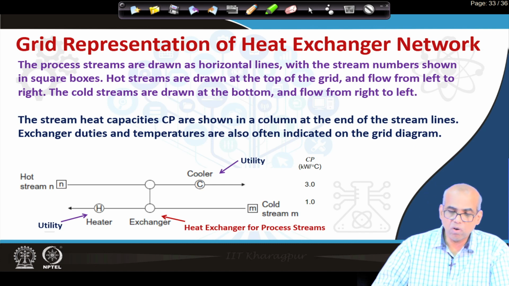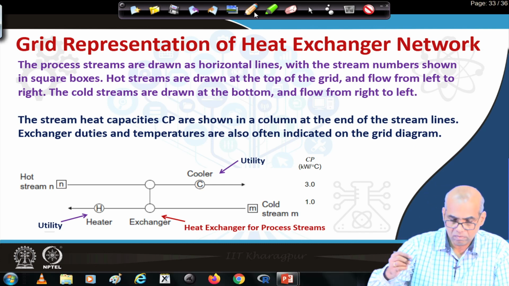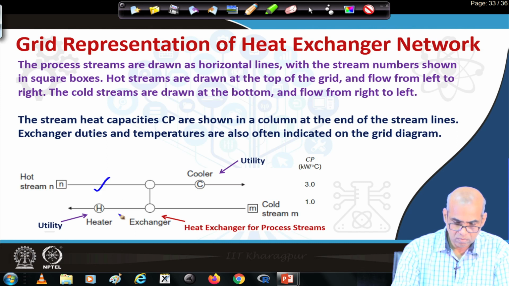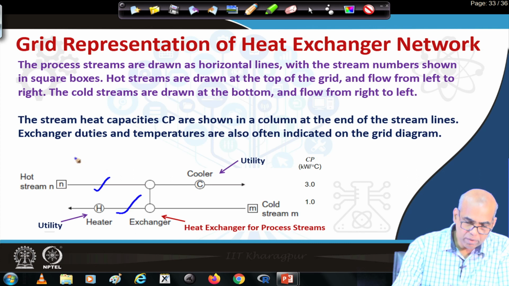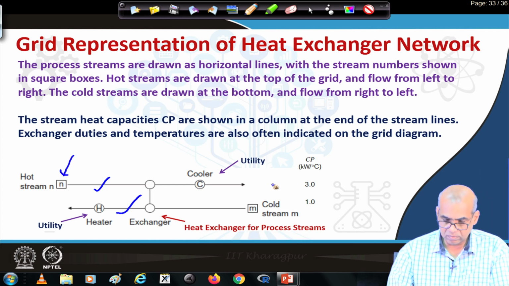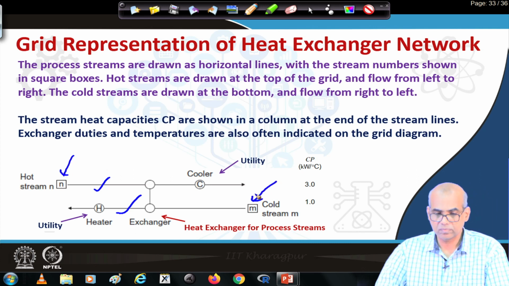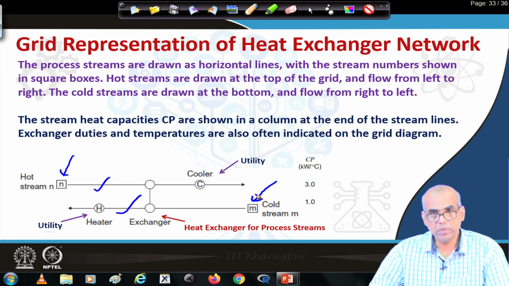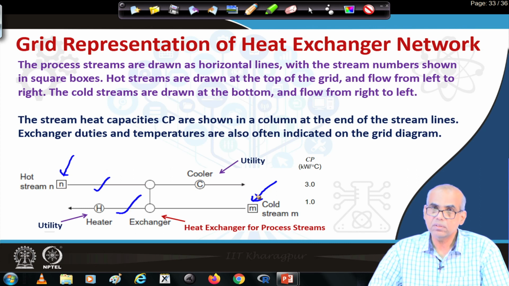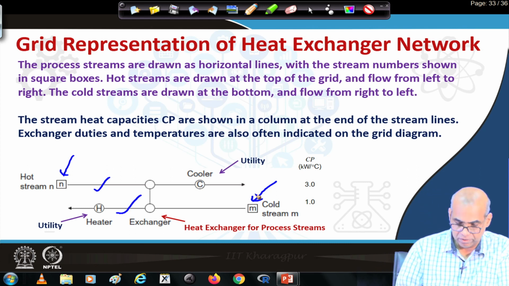The process streams are drawn as horizontal lines with the stream numbers shown in square boxes. Hot streams are drawn at the top of the grid and flow from left to right. The cold streams are drawn at the bottom of the grid and flow from right to left.